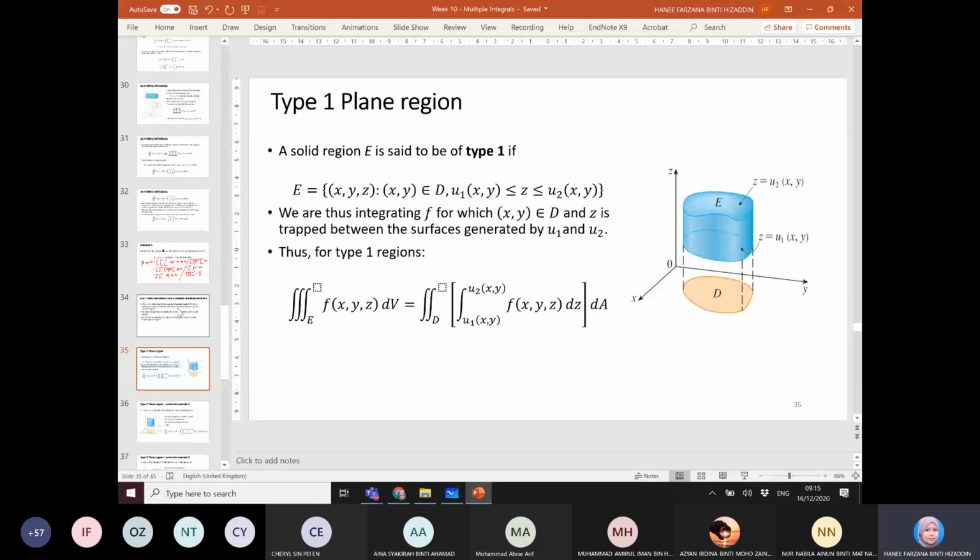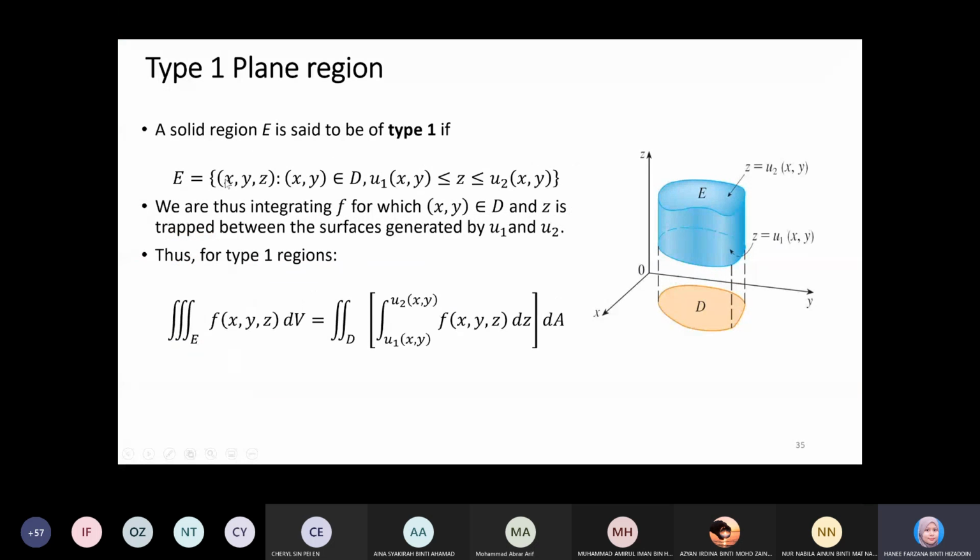Okay, so there are different types, type 1, type 2, type 3. So type 1 region, this solid region E is said to be type 1 if, just look at which plane the shadow of the solid lies in. In this case, the shadow of your region E lies on the plane of X and Y. So this is type 1 because the shadow lies on the XY plane.